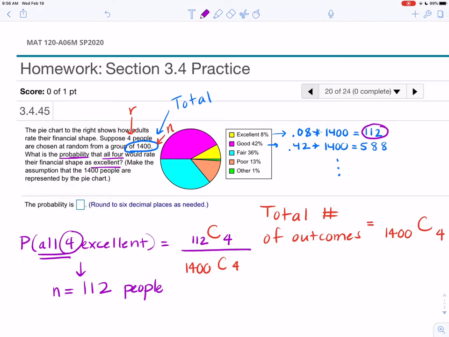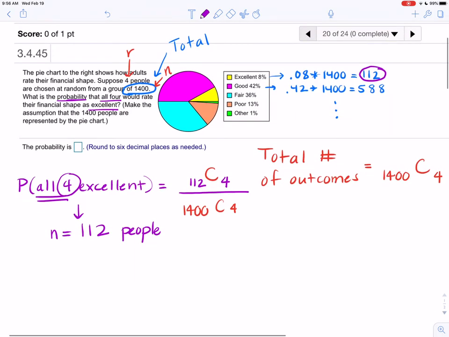And so now I've counted my event and I'm dividing by my total. Now remember, these are going to be really big numbers, so you don't have to evaluate each one individually. You can type it in your calculator just like this, 112 NCR 4 divided by 1,400 NCR 4.